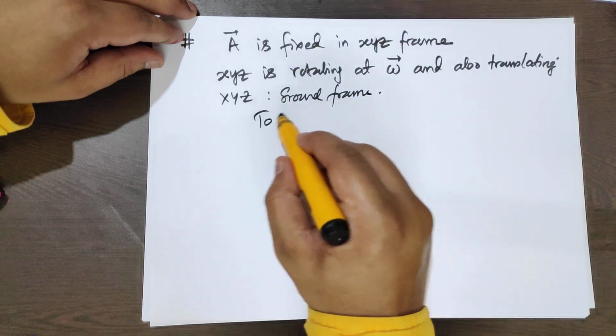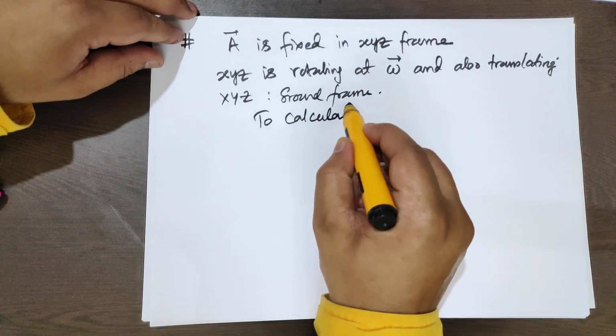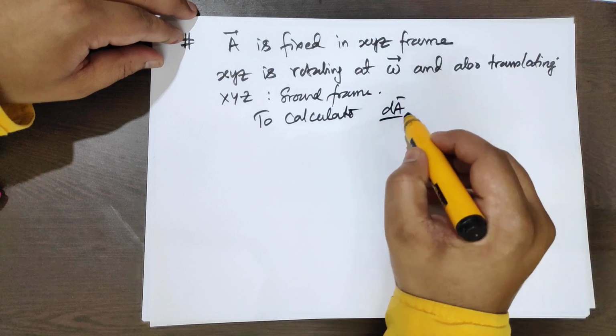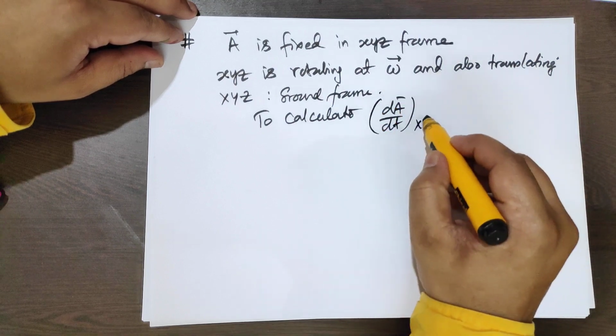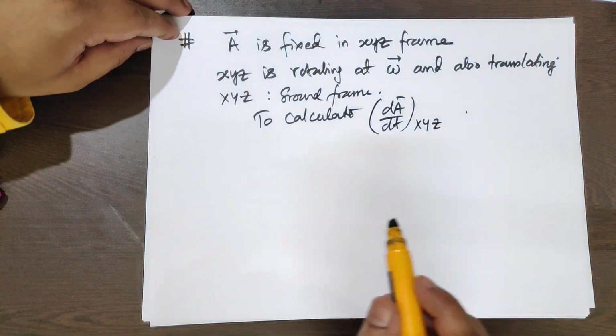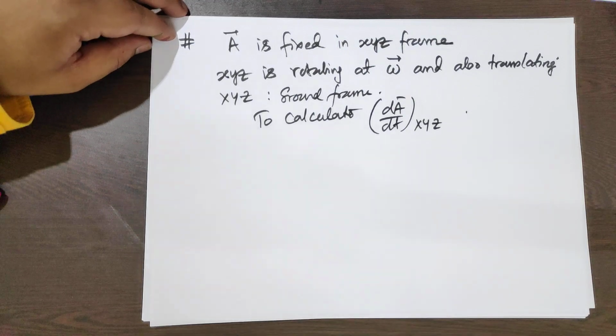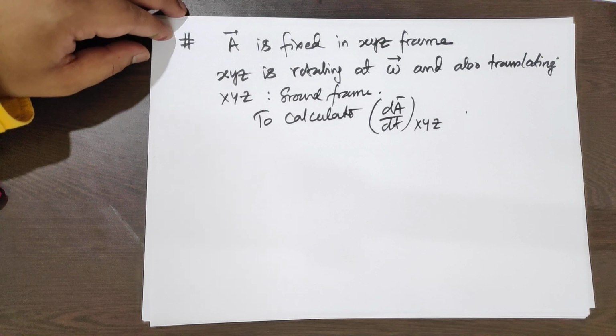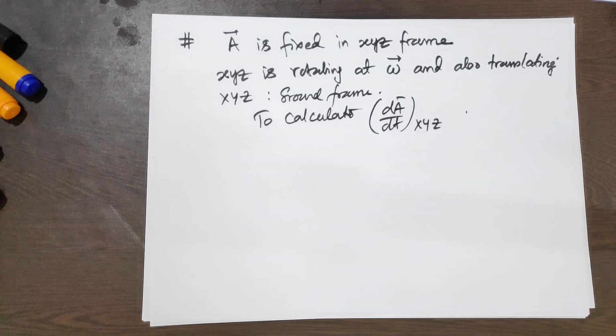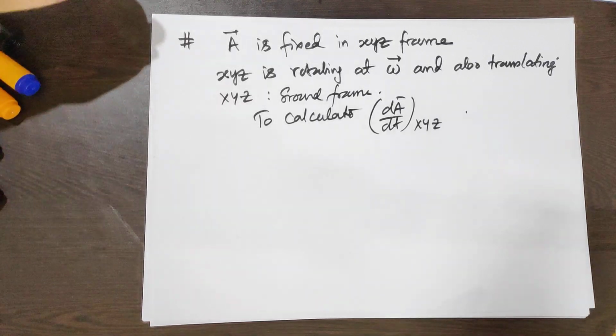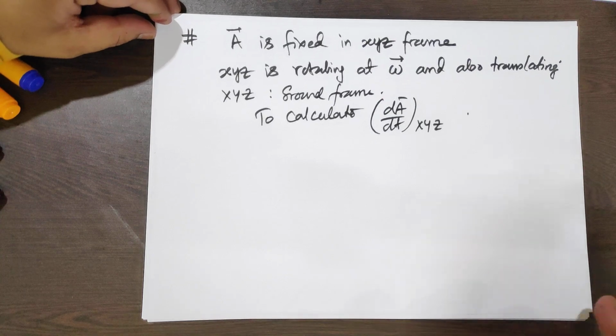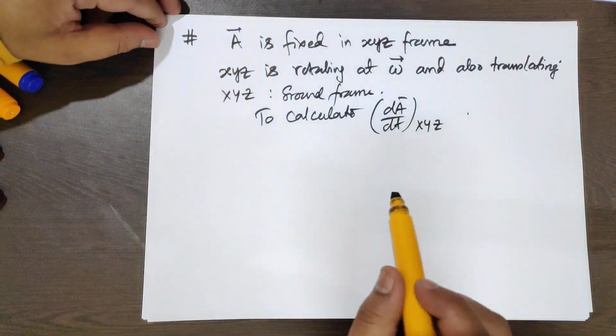Now to calculate dA dt relative to capital XYZ, obviously you will get what you got in case 2, because this translation doesn't matter, as it's a superposition of translation and rotation.